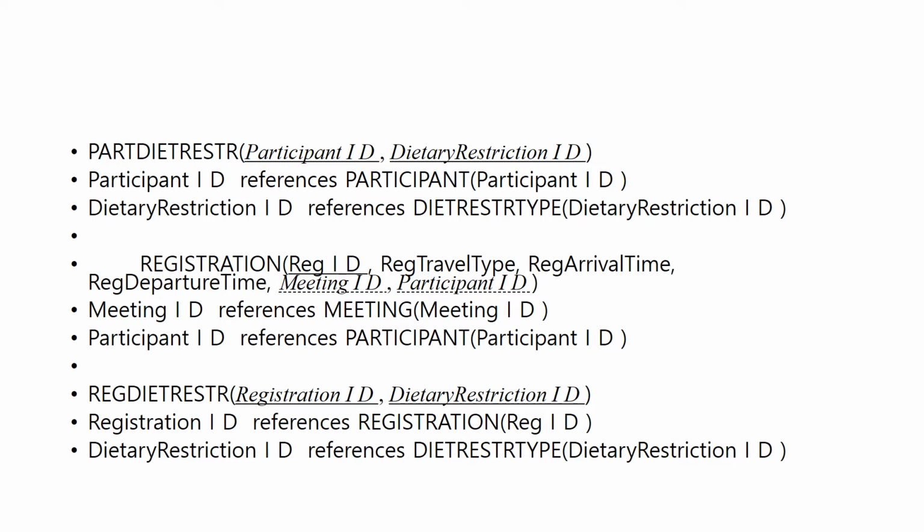And registration ID, primary key; meeting ID, participant ID, foreign key. Meeting ID references the meeting table, meeting ID, and participant ID references the participant table, participant ID. Registration dietary restriction table: registration ID and dietary restriction ID.